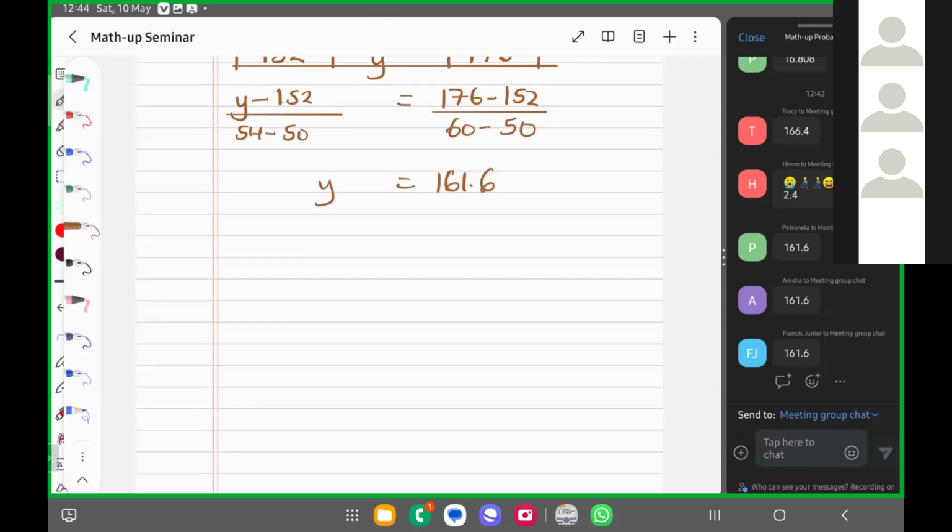So the number of students that scored above 54% would be equal to the total number of students, which was 200, minus 161.6. That is giving me 38.4.